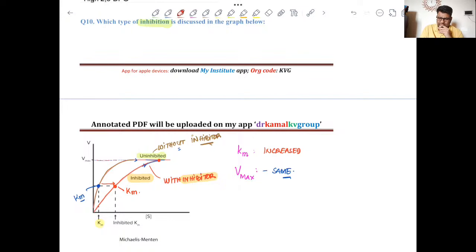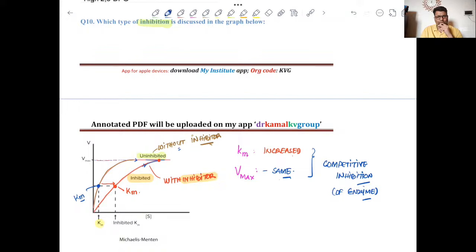Yes, so Vmax is same, Km has increased. When you see this kind of graph, the answer has to be competitive. Clear? So this is competitive inhibition of enzyme.